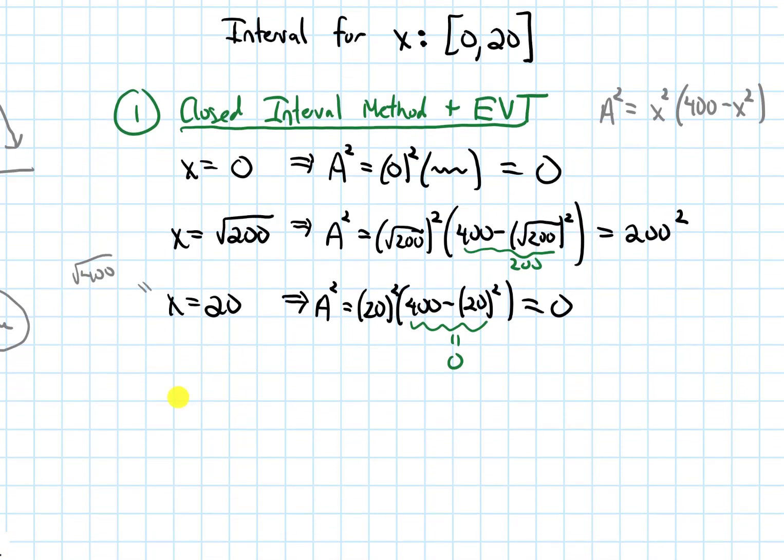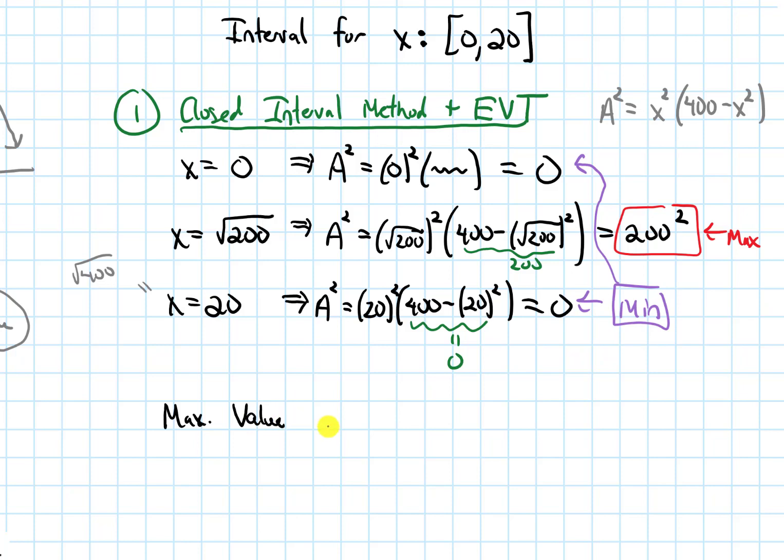So what we found is that the biggest of these is 200 squared. This is the max. And because we're doing the closed interval method, this also gives us the mins. The mins occur here as well as here. The minimum area squared is 0. Okay, so the max value of a squared is 200 squared.